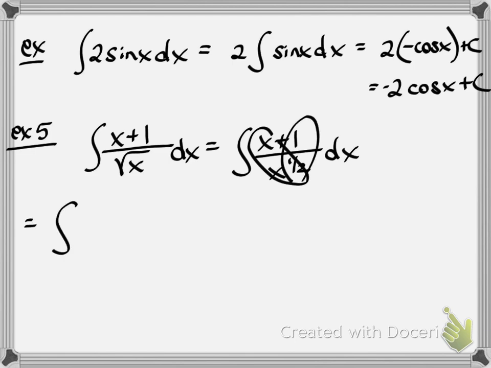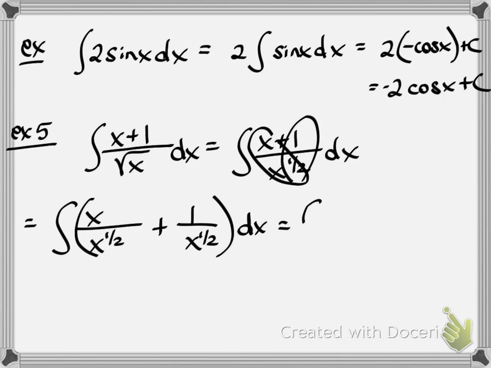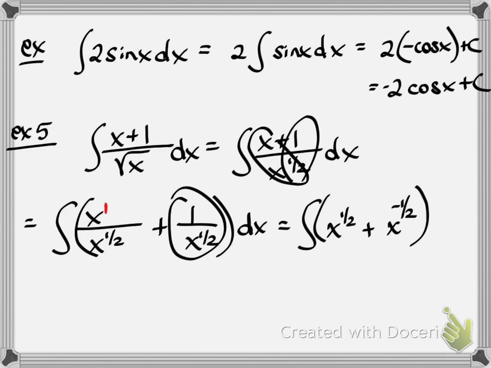So that becomes x over x to the 1/2 plus 1 over x to the 1/2 dx. Well, when I divide like bases, I subtract these exponents. So 1 minus 1/2, or 2 halves minus 1/2, is 1/2. And this one, just need to bring that up to the numerator and make it negative.